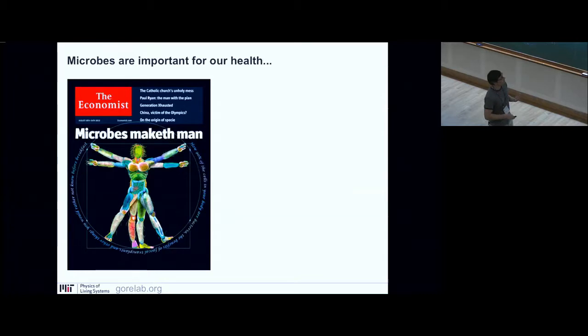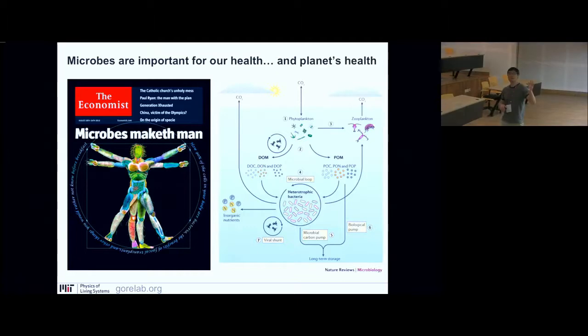For example, the recent results encouraged The Economist to make a kind of hyperbolic statement that is obviously not true, but it's more true than we thought 10 or 15 years ago. It's important to note, though, that although it's maybe only recently been acknowledged how important microbes are for human health, we've known for a long time that microbes are essential for the health of the planet.